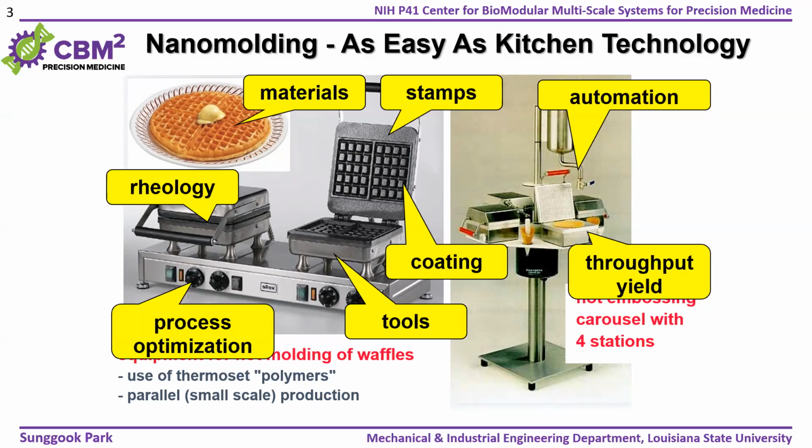Also, once you put the dough in, how the dough will flow to fill the gaps in this mold structure is important. This is polymer rheology, right? And then you need to optimize the process: temperature, pressure and time, right? And once you have the waffles, if you want to sell these waffles, basically the scaling up is a very important issue.